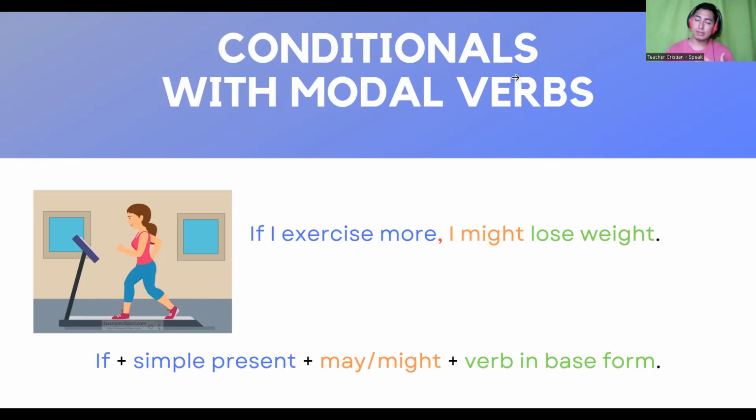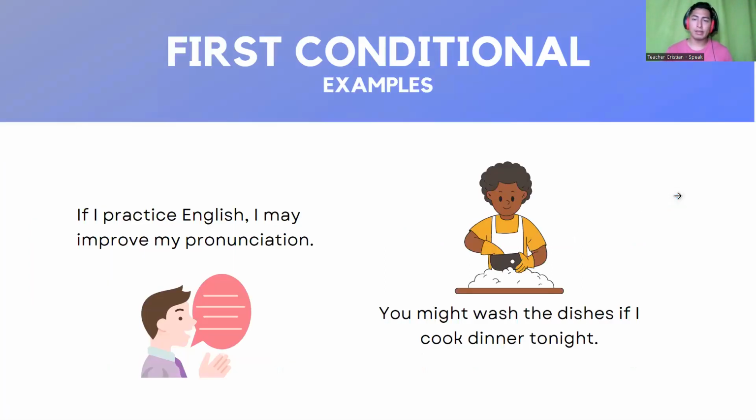Okay, now let's check some other examples using the modal verbs. In this opportunity, again, we are using the modals for probability. If I practice English, I may improve my pronunciation. Okay, this is something for real.